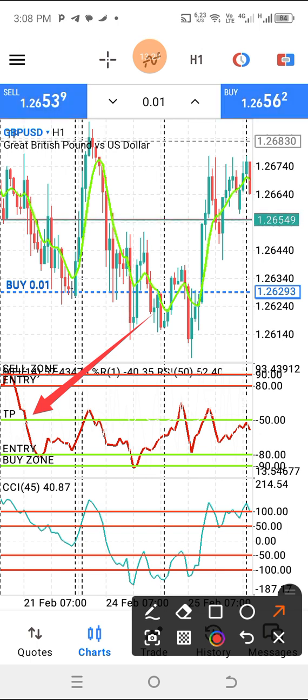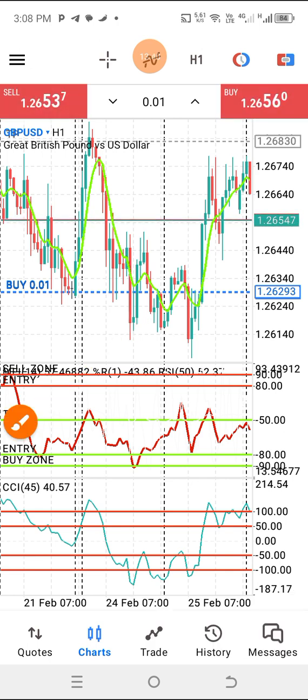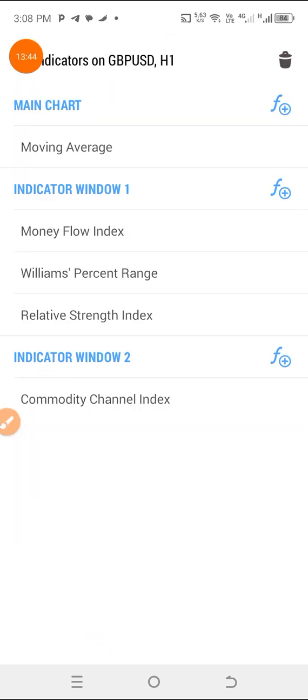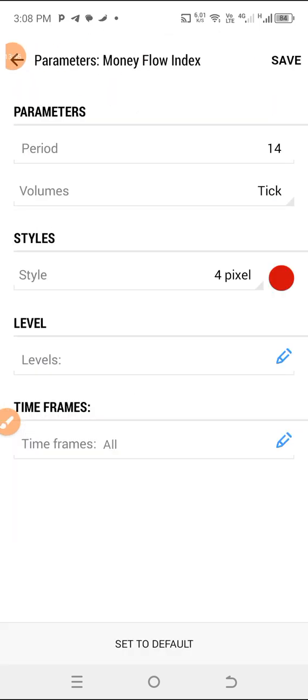So it helps you to easily identify your break of structure when you look at your main chart, and it helps you to identify when price has oversold and price has overbought. Is that clear? So these are the settings. Period should be 14, volume tick, then leave it on red.